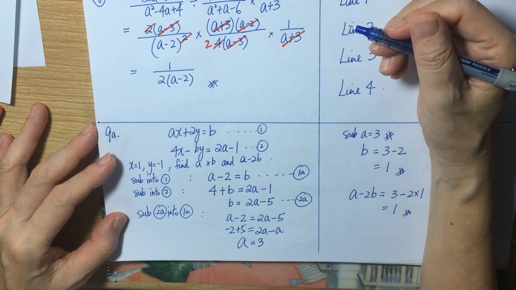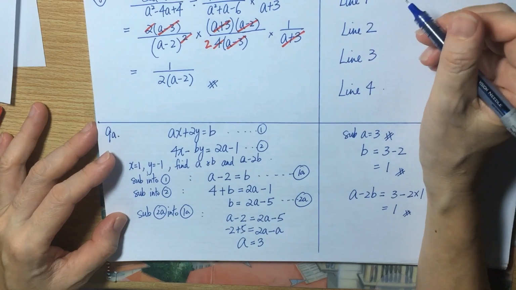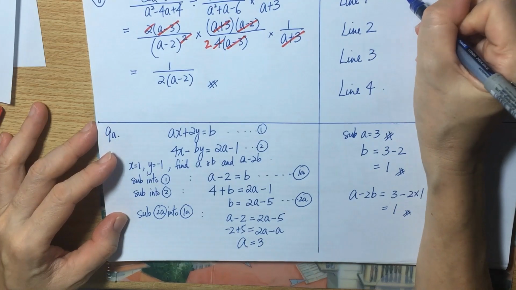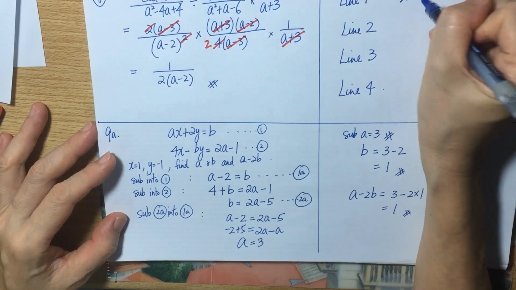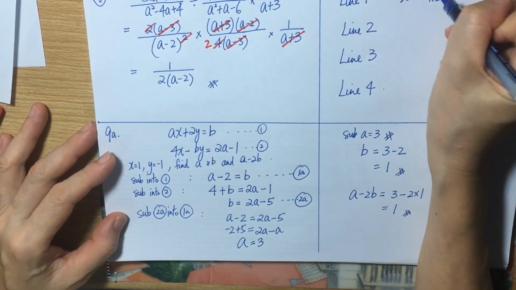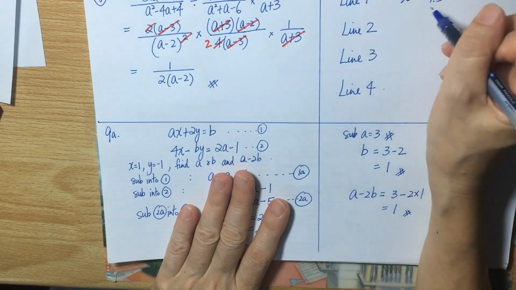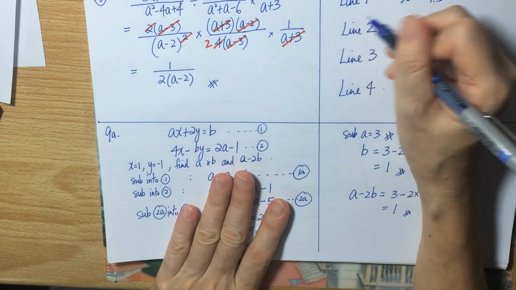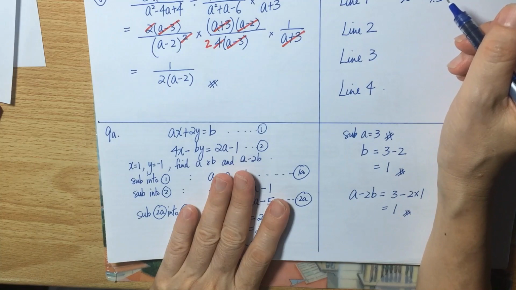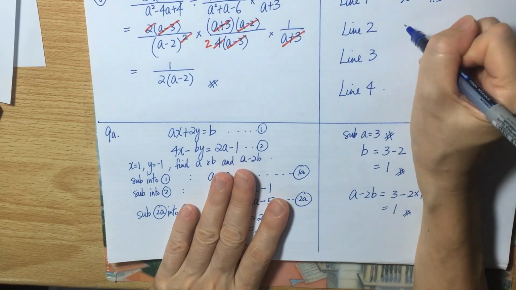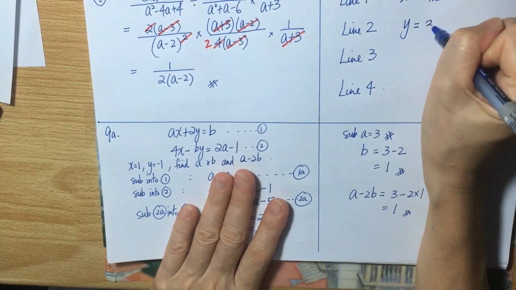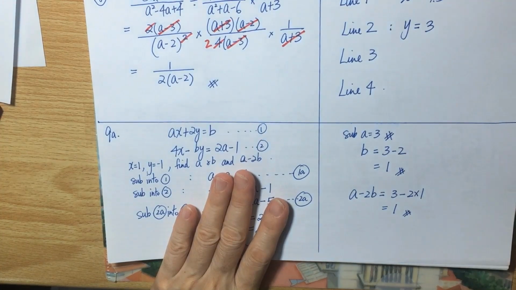So if it's a vertical line, we can say that the equation will be x equals -4.5. Line 2 is a horizontal line that passes through the point y equals 3. So we say that the equation of line 2 is y equals 3.